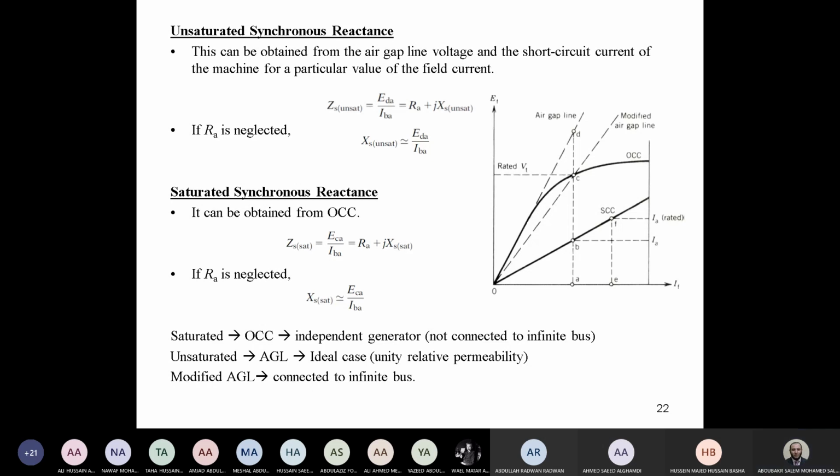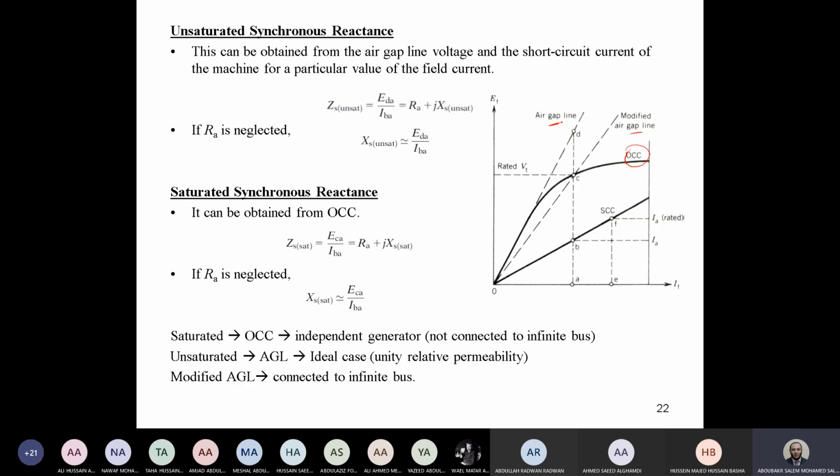So when we make this test, guys, it leads to this characteristic. It's called the open circuit characteristic. In this characteristic, we use some other points to define 2 different curves. One is called the air gap line, and the other is called the modified air gap line.